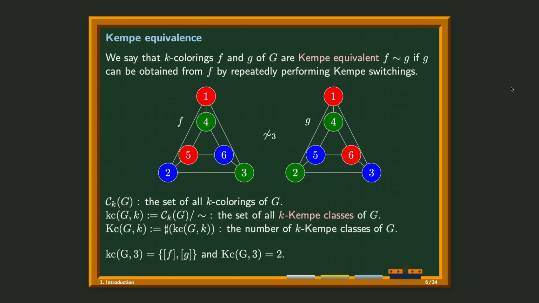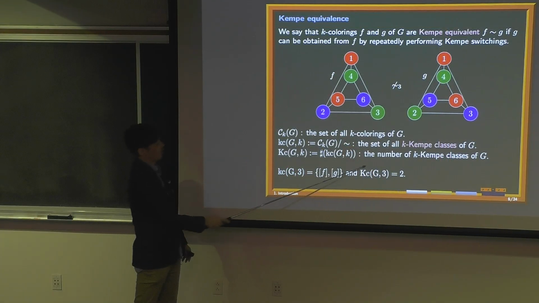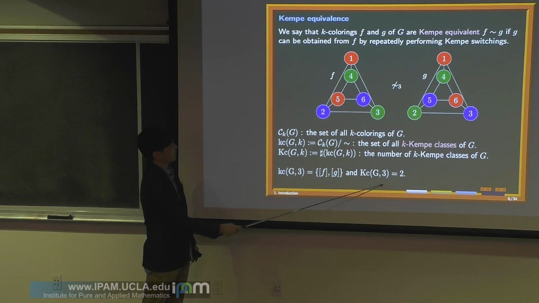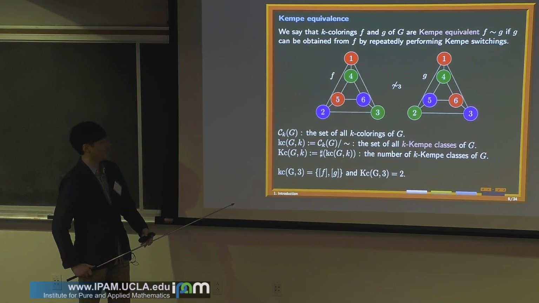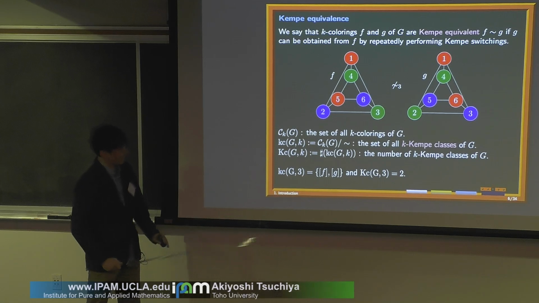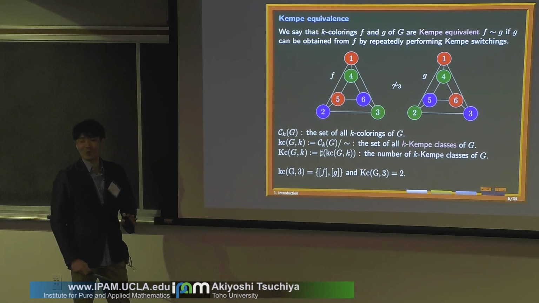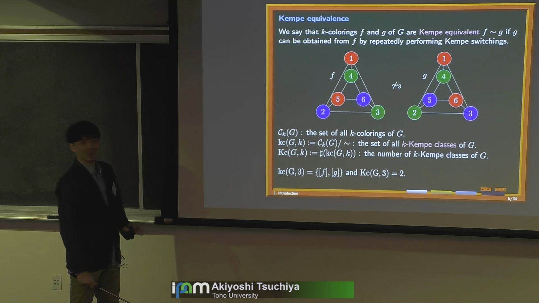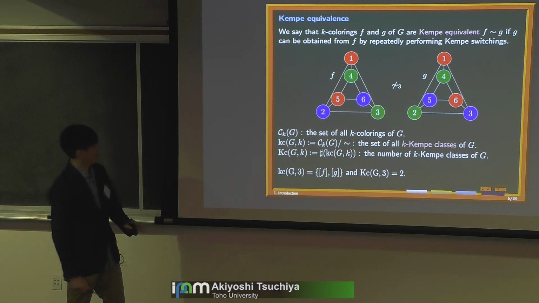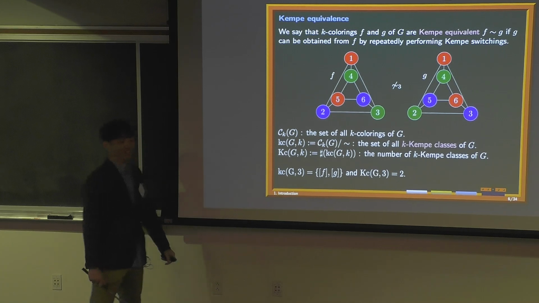For example, for this graph, the Kempe classes are only these two colorings, and so the number of such Kempe classes is just 2. But in general, it is very hard to compute this. Today, I give algebraic methods to compute it.